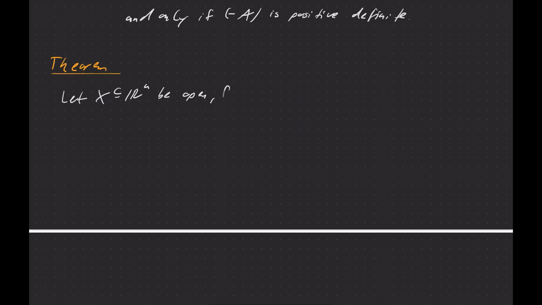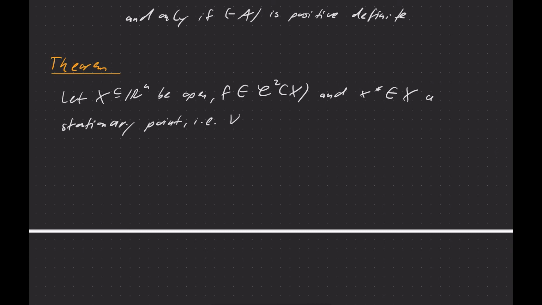We'll have a function f that is contained in C2(X), so twice continuously differentiable. And we'll have x star in X. And also we'll assume that this x star in X is a stationary point. Meaning we require the gradient of f at x star to be the 0 vector.